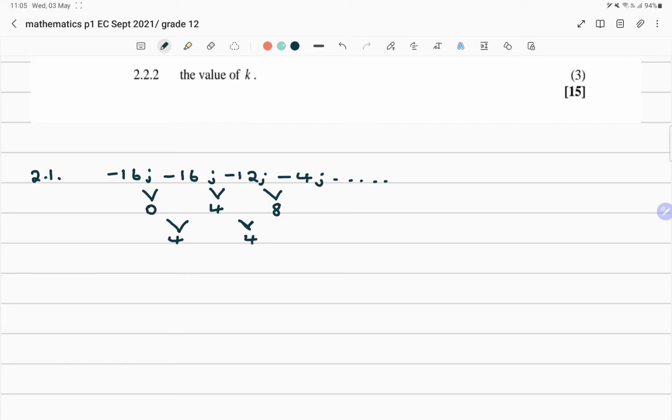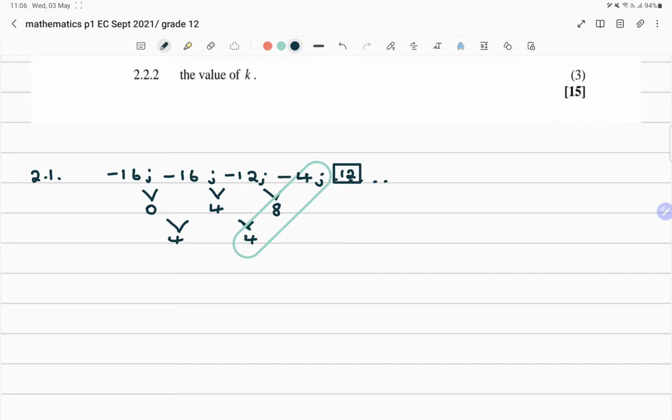And then if you noticed, when you add these ones up, so when we add those, once we add those ones, they give us the next term. Okay? So let's do it. So this is basically 12. Okay?